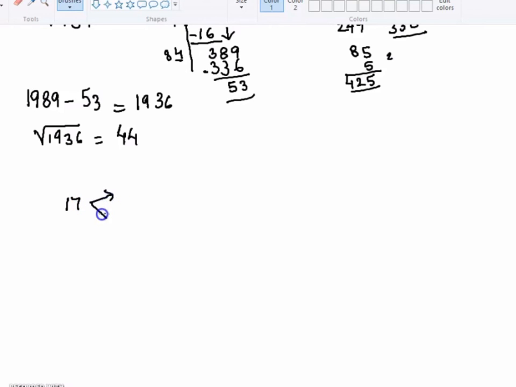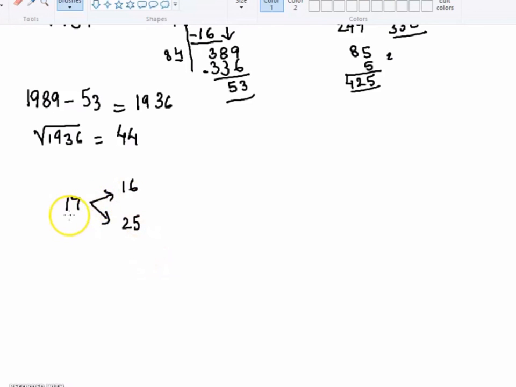Since it is a very small number, we already know which perfect squares it lies between. The perfect square less than 17 is 16. 4 4s are 16 and 5 5s are 25.